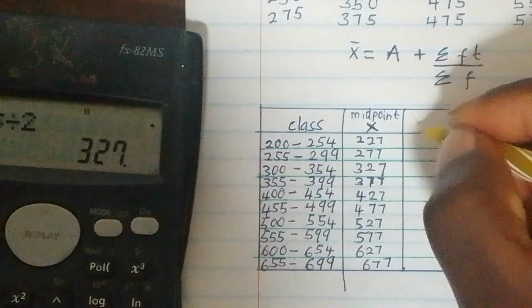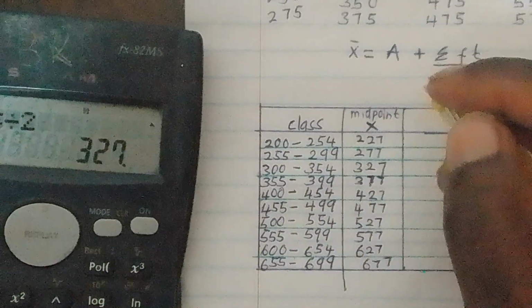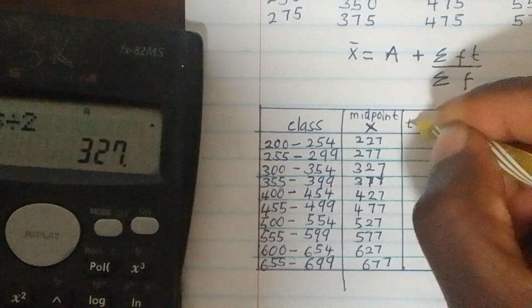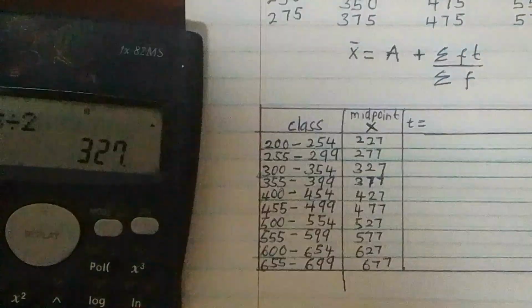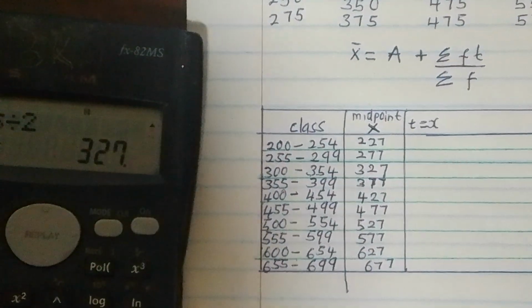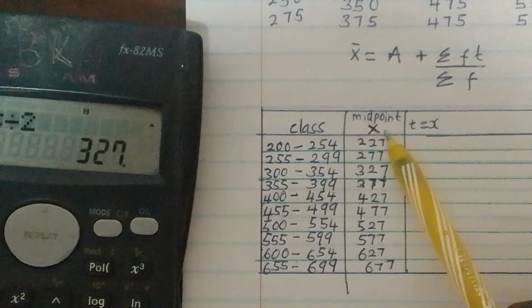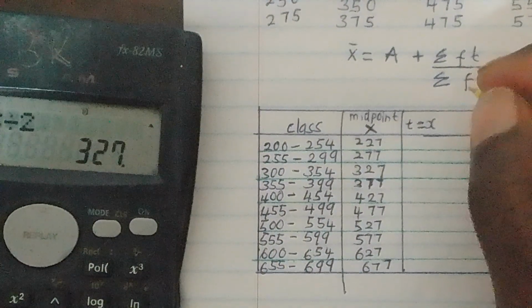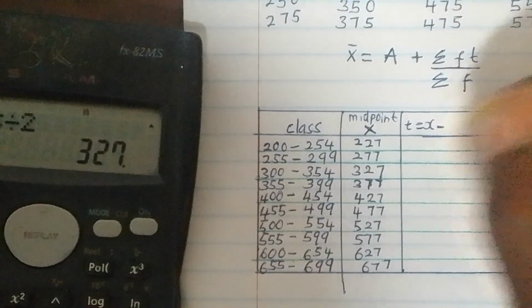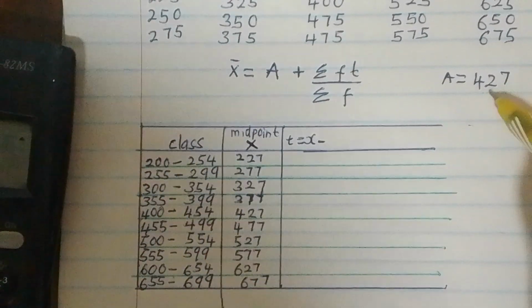Now we find T. T equals X, which is the midpoint, subtracted by our assumed mean. Our assumed mean is 427.